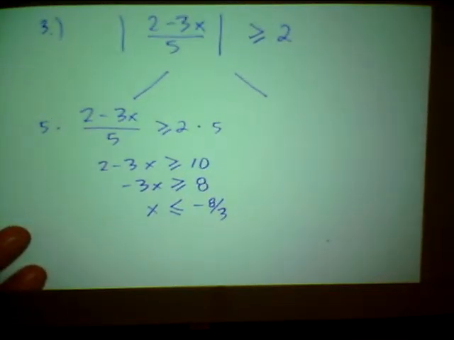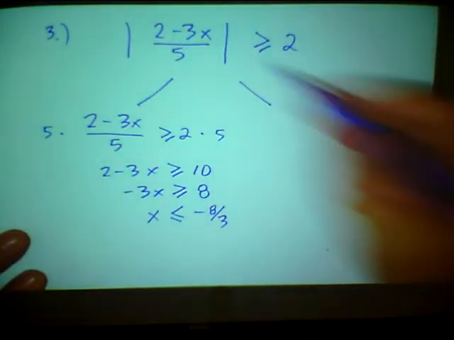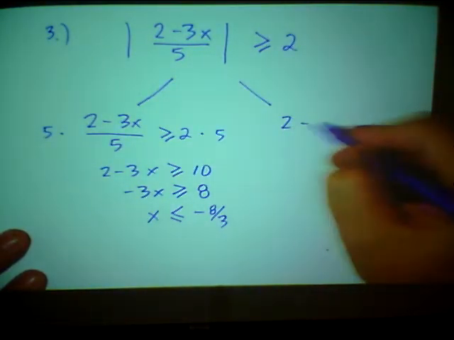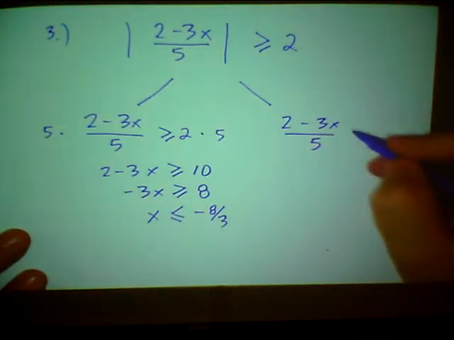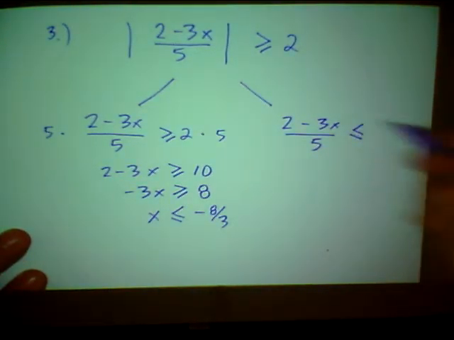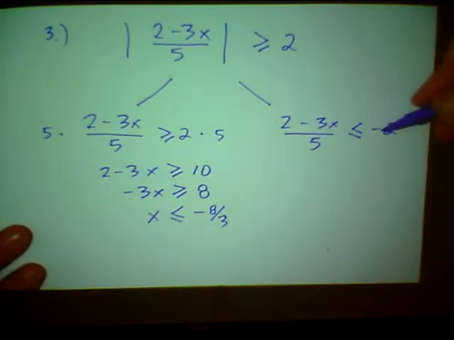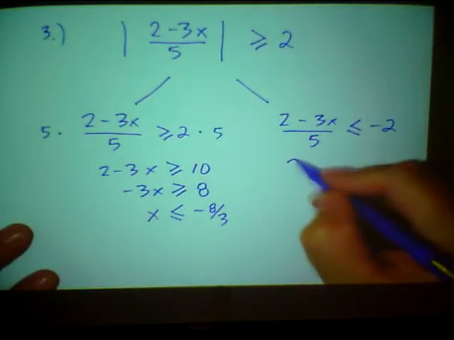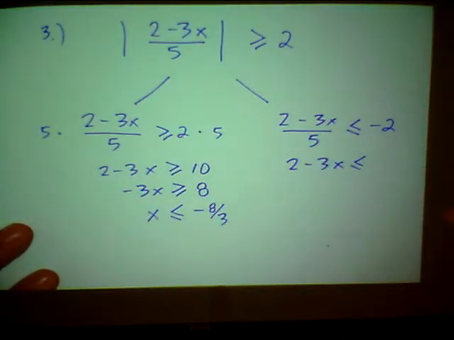Now let's go back and do the second part of the second problem. Drop the absolute value signs. I flip the inequality and I make the number negative. Now I'm going to solve this. Multiply both sides by 5. 2 minus 3x less than or equal to minus 10.